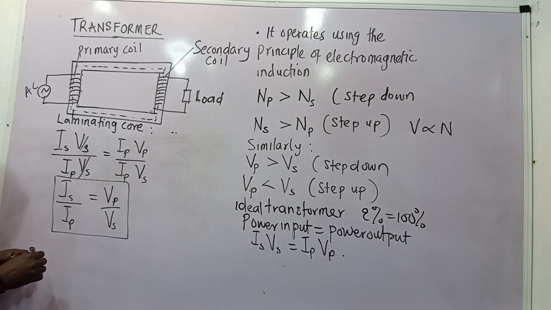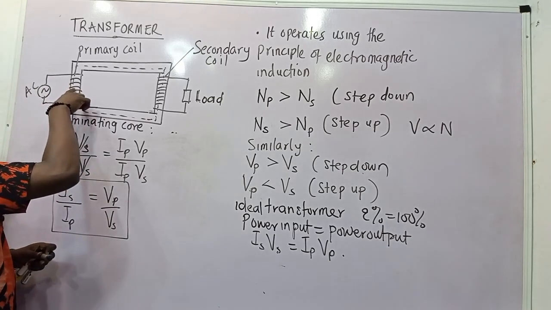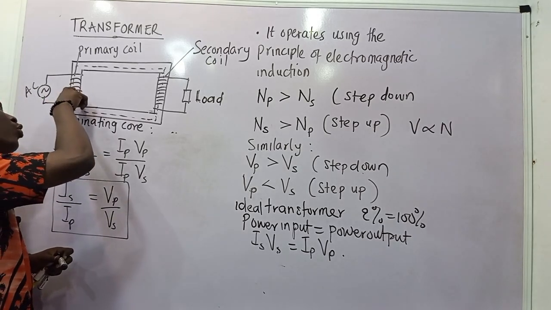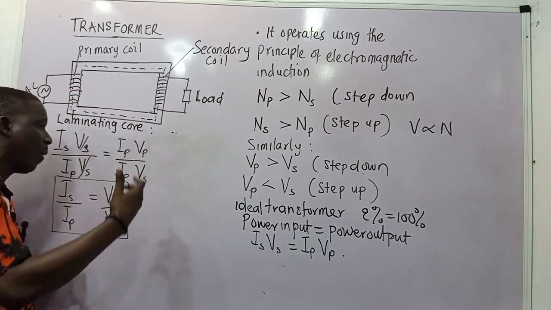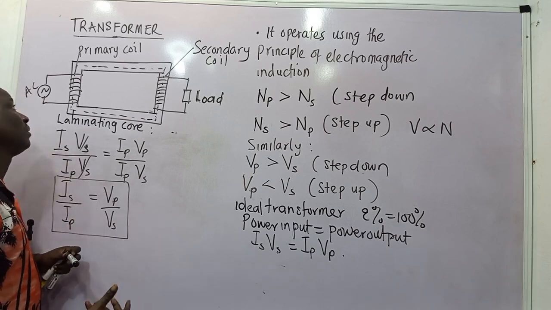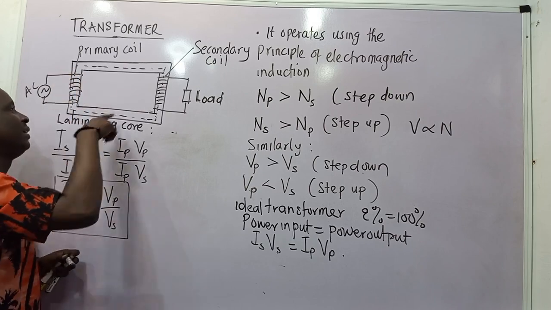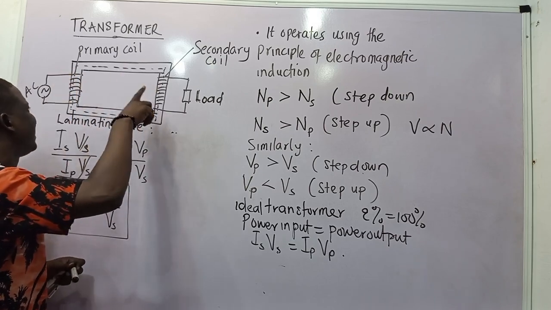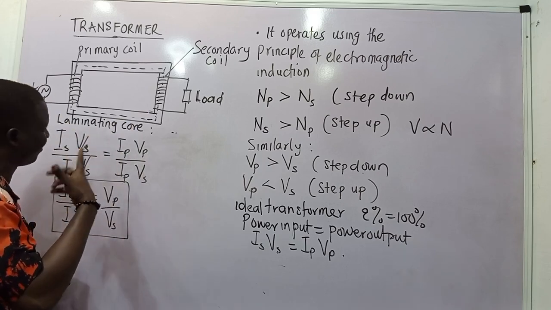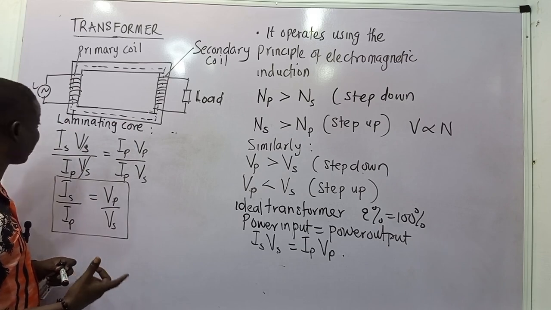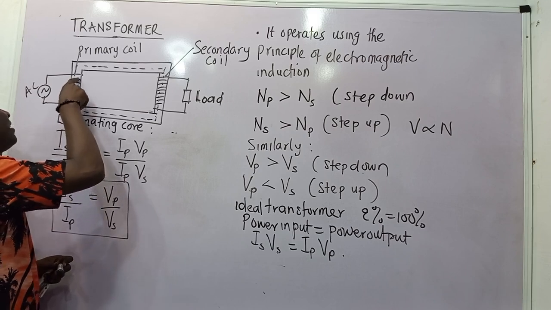Now, recall that I said V is proportional to N. That means the voltage at the primary coil is determined by the number of turns, the number of windings on the primary. Then the number of windings on the secondary is depending on the number of coils in the secondary. So if you check this very quickly, you have 1, 2, 3, 4, 5, 6, 7, 8.